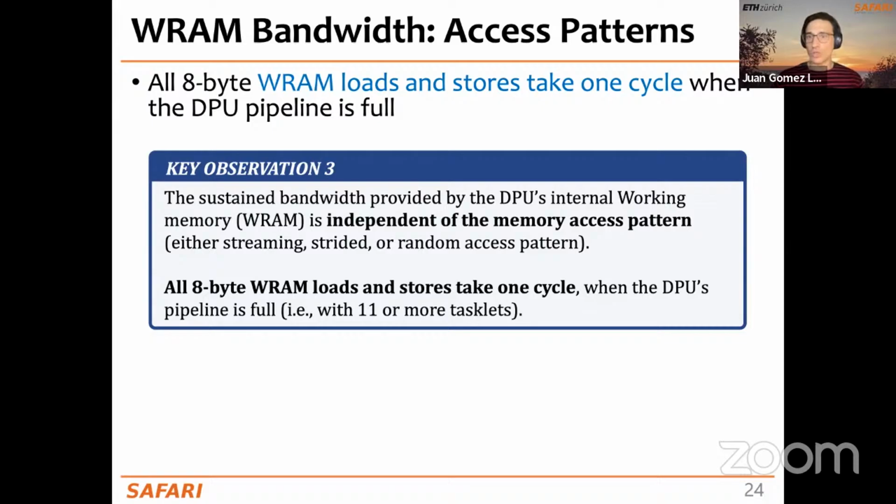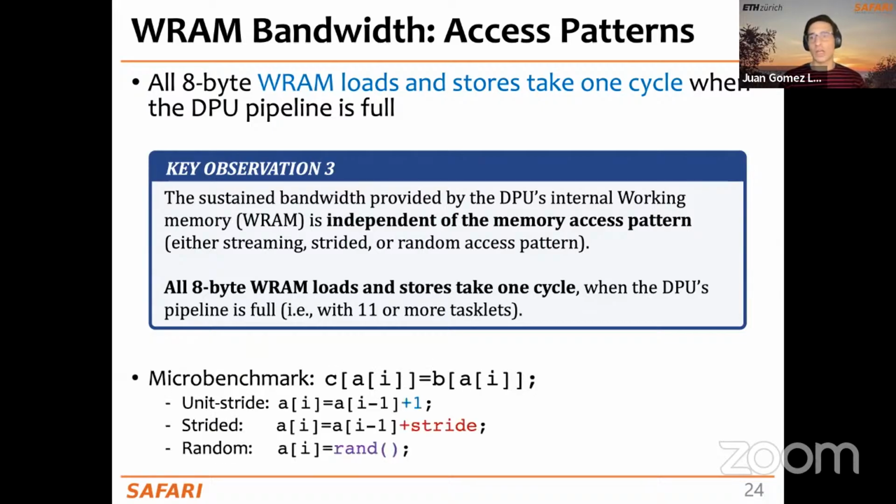Every time that we go to WRAM, we are reading 8 bytes. And no matter what our accesses are, whether they are unit strided or random, we always get 8 bytes in 1 cycle. And that's what makes the sustained effective bandwidth of WRAM independent of the access pattern.